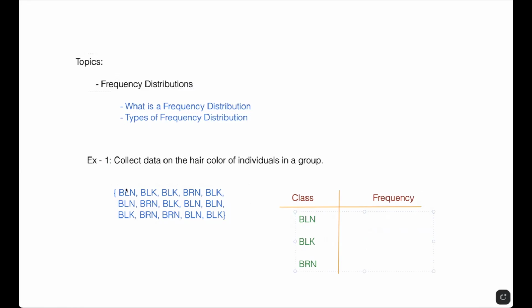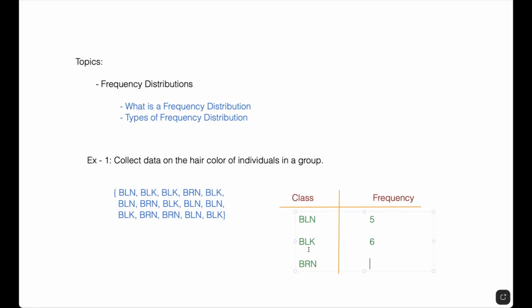So let's count the frequency of the blonde hair, people with blonde hair. So we have 1, 2, 3, 4, and 5, right? So the frequency of blonde is 5. Then the frequency of black is 1, 2, 3, 4, 5, 6, right?